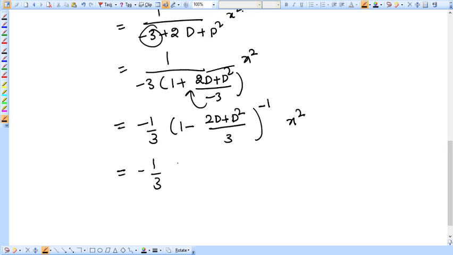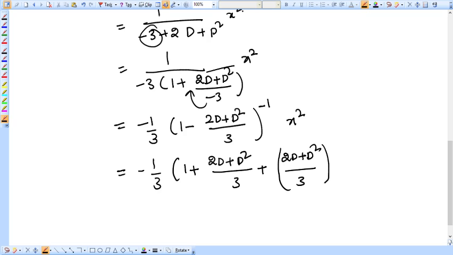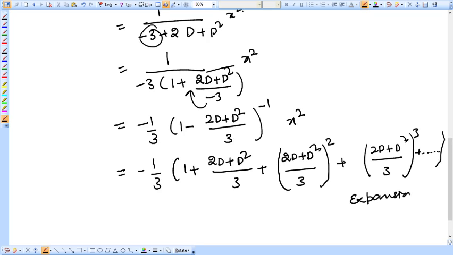Expansion through the binomial theorem, we get 1 plus 2D plus D square divided by 3, plus 2D plus D square divided by 3 whole square, plus 2D plus D square divided by 3 whole cube, up to so on, by expansion by binomial theorem.